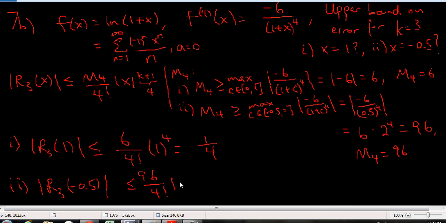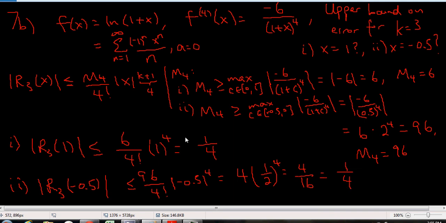The reason why I didn't the first time was I was thinking it's to the power of 4, it's even, it's positive anyway, right? If you take something to the power of 4, it's always going to be positive. Anyway, so let's see what we get. So this is going to be equal to 96 over 24. 4 factorial is 24. Times 1/2, because I could take the absolute value of the negative, so it's 1/2 to the 4. So this is equal to 4 over 16, and this gives me 1 over 4.